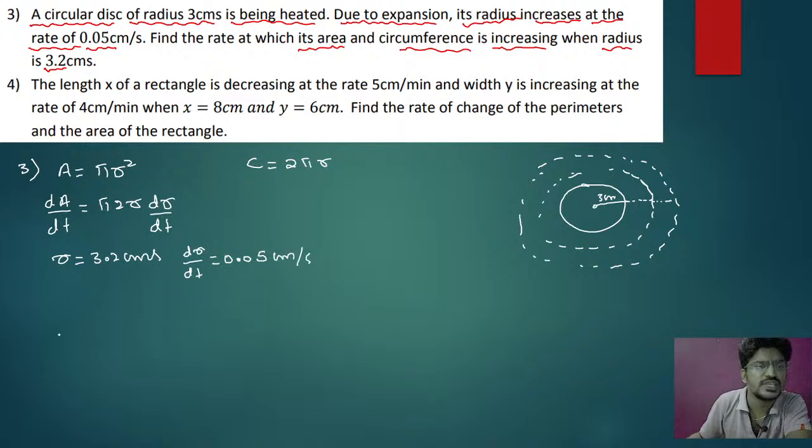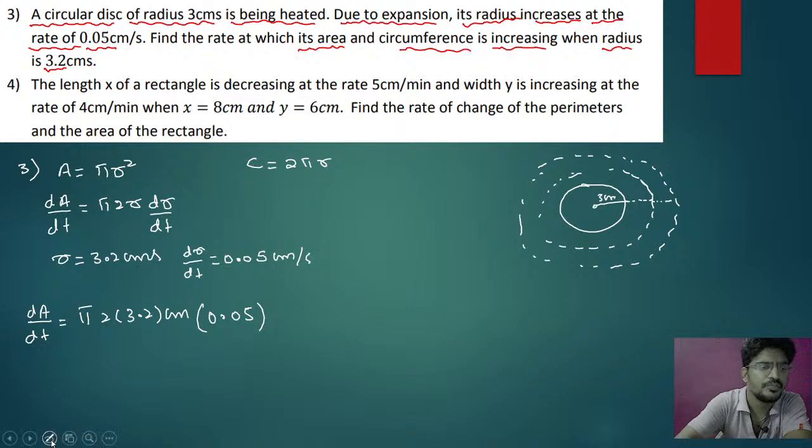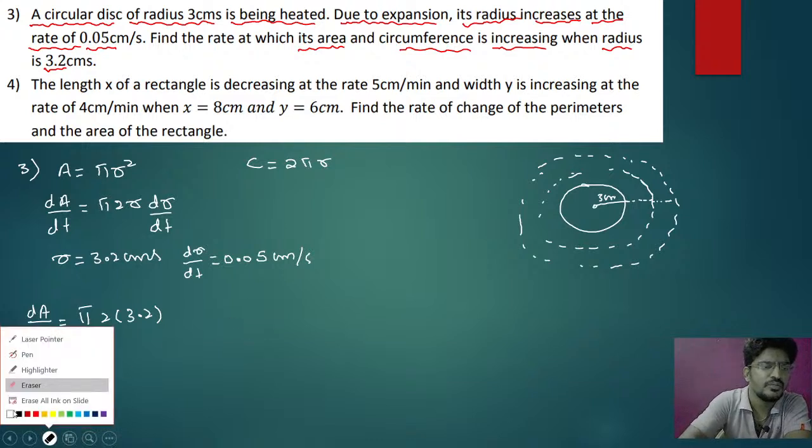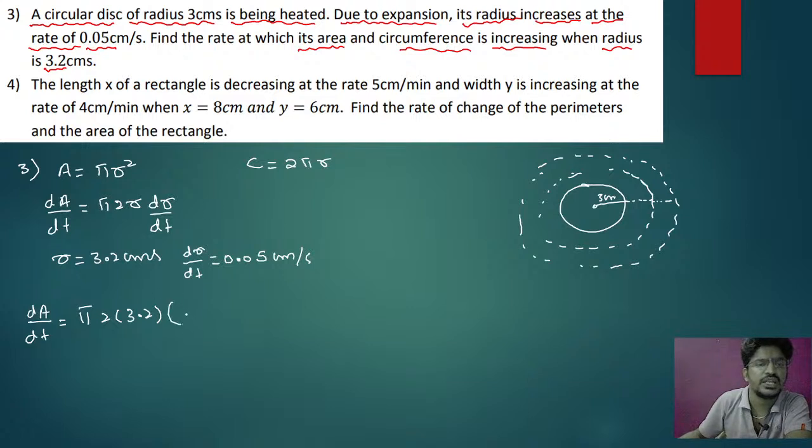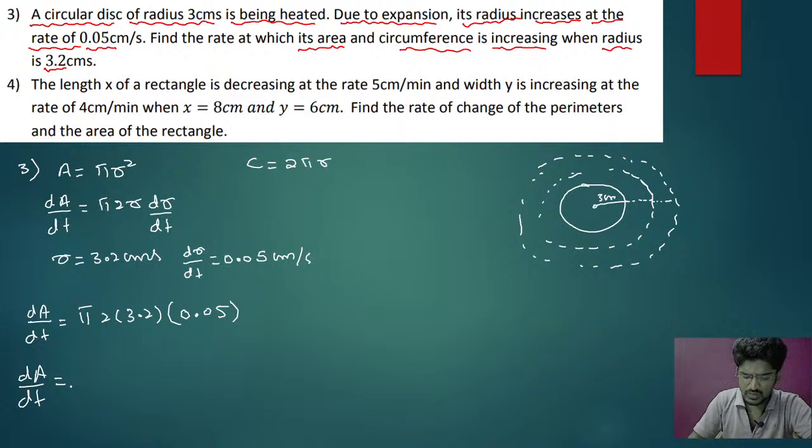So dA by dt equals pi into 2 into 3.2 into 0.05. I will fill in the r value, that is 3.2, and dr by dt, that is 0.05. Quickly calculate and tell me what the answer will be.